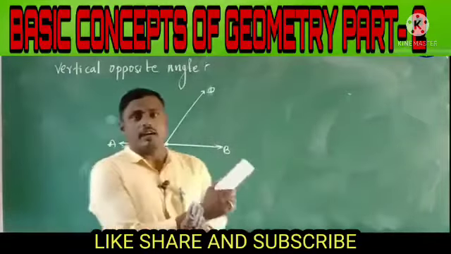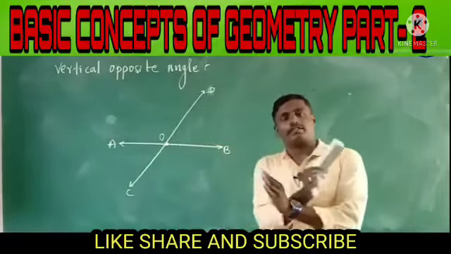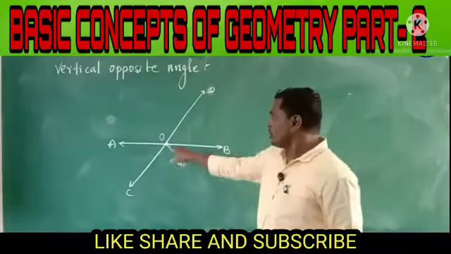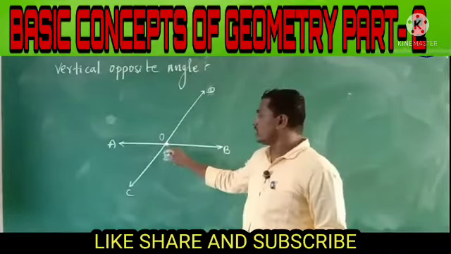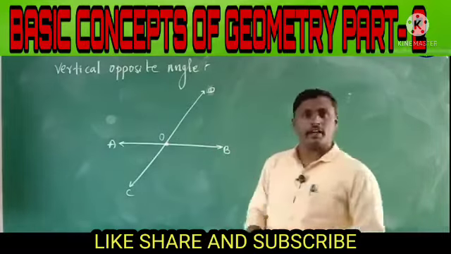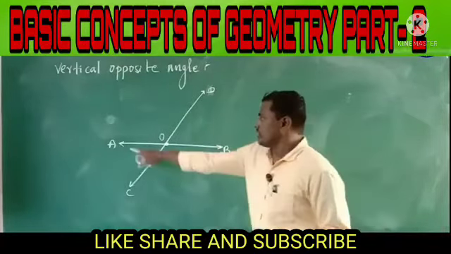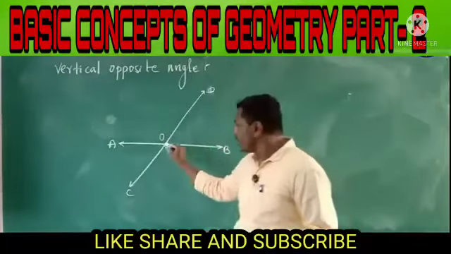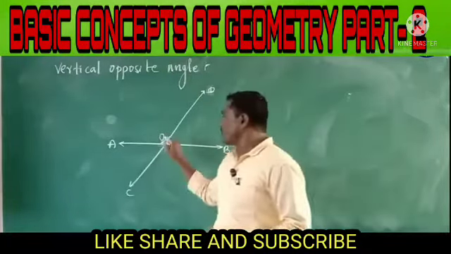Two lines always intersect at one point only, and the common intersecting point is called a point of intersection. So here AB and CD are the two lines. They intersect at one common point O.